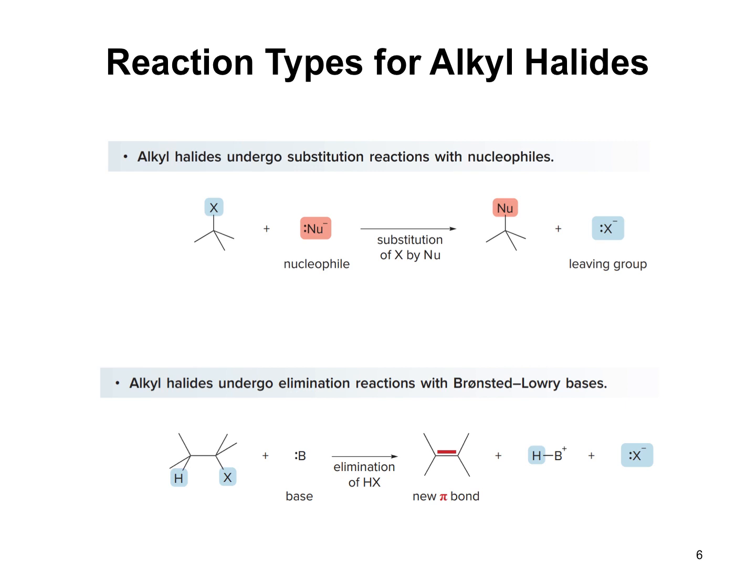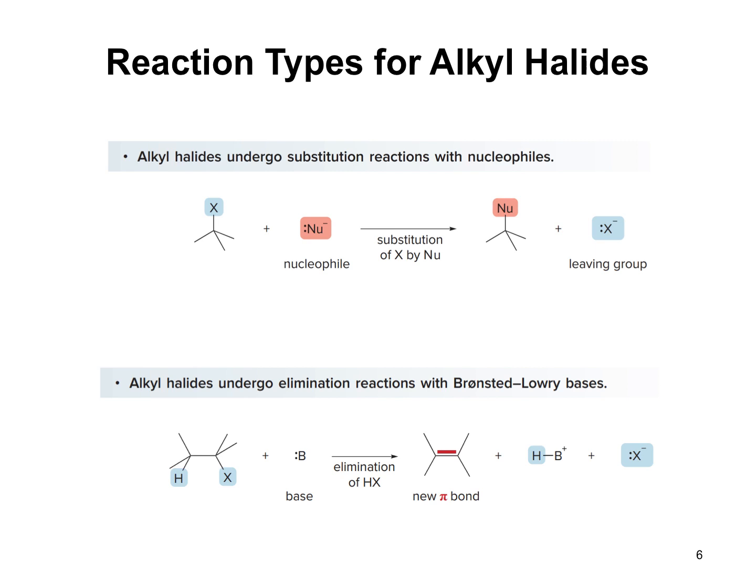In substitution reactions, we have a nucleophile that will take the place of the halogen in this particular reaction with alkyl halides. Then we have an elimination reaction, and in an elimination reaction, the halogen and a proton are removed and a new pi bond is formed. So we're going to focus on this reaction in this chapter and this reaction in the next chapter.